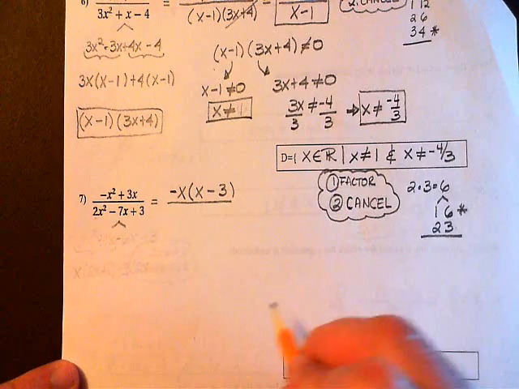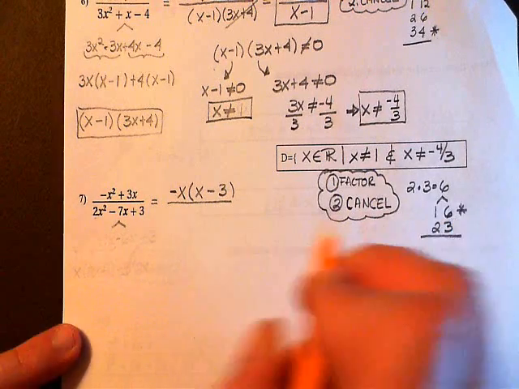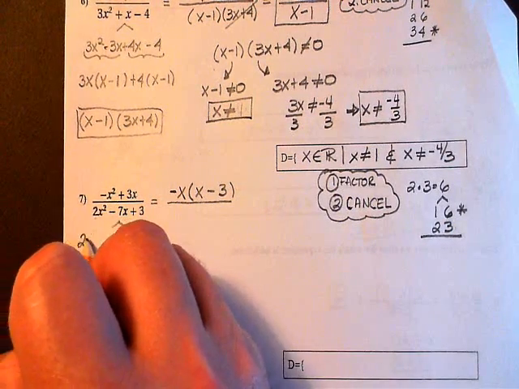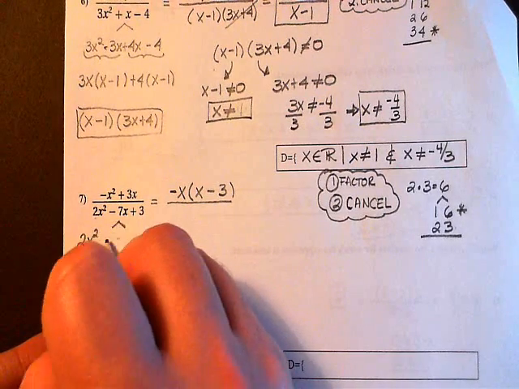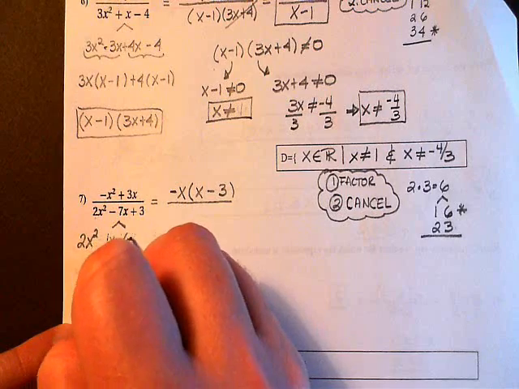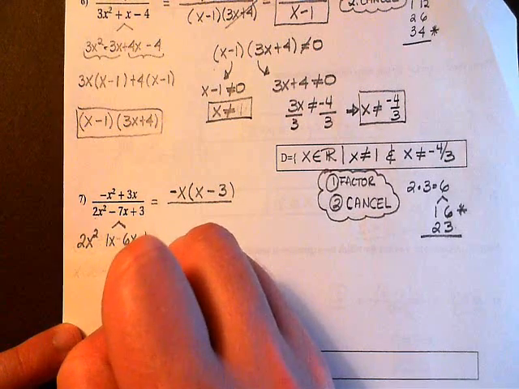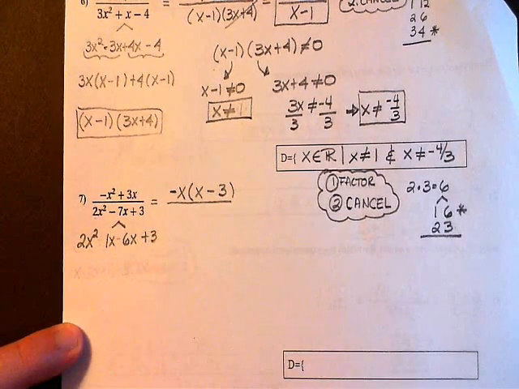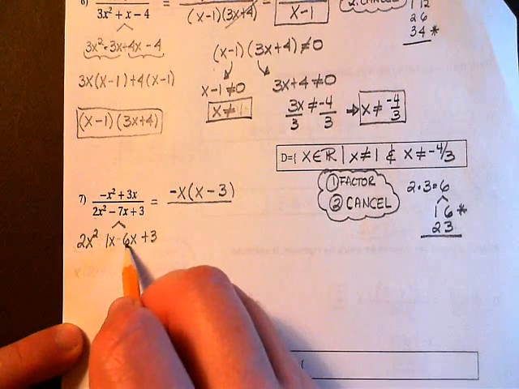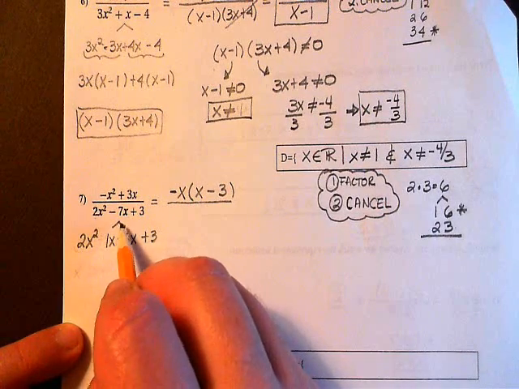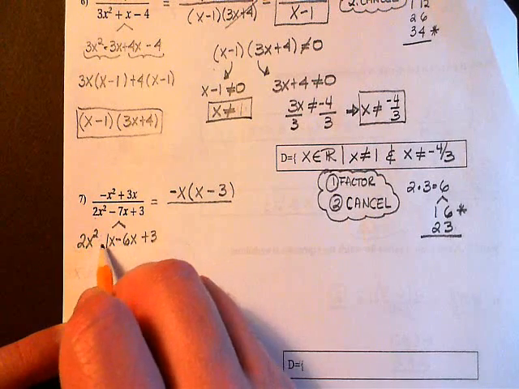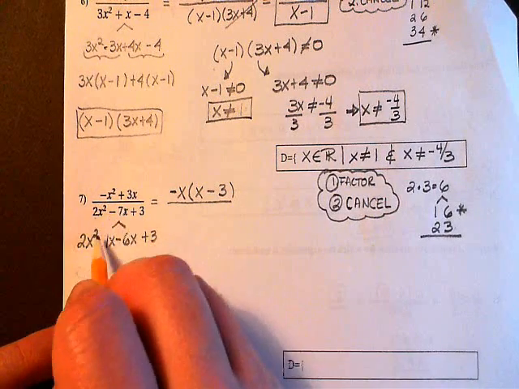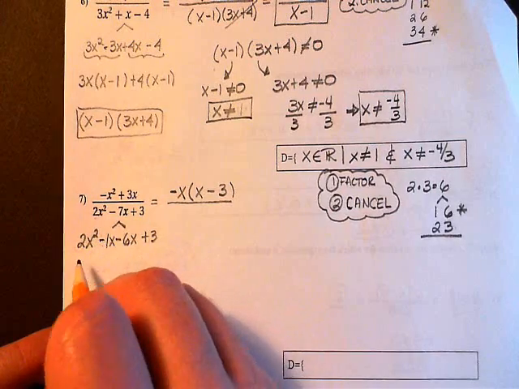So now that I have that, I'm going to come over here, copy the first term, which is 2x squared. I'm going to break down that 7 as 1x and 6x, and I copy the last term, which is positive 3. Okay, the sign of the biggest is supposed to be the same as the middle term, so it will be negative. And then negative 6 plus 1 gives me a negative 7. The answer is a negative 1.